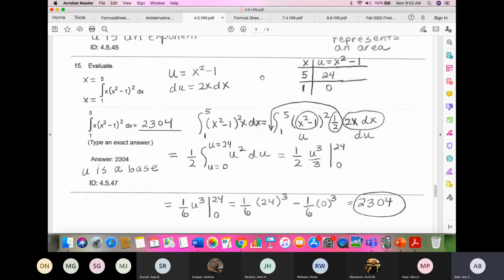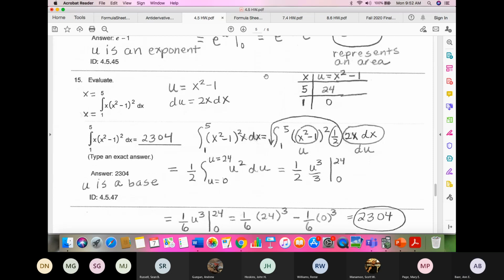So it's easier to convert them to u's. So what I did is I made an x column and a u column. In the x column, this is x equals 1 to x equals 5. I know because we're integrating with respect to dx here. That variable there, that x, tells us that these are x equals 1 and x equals 5.